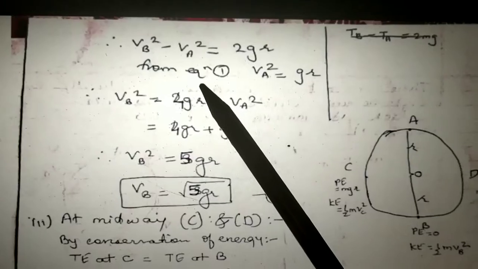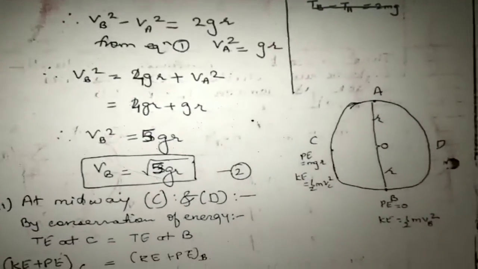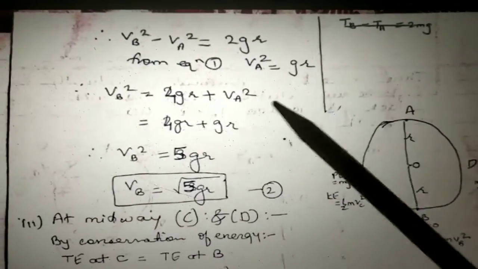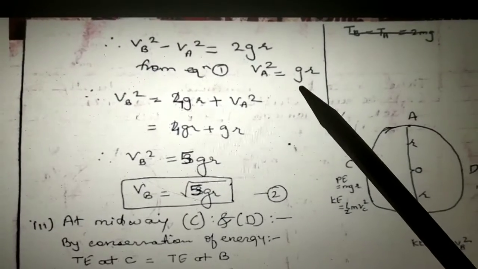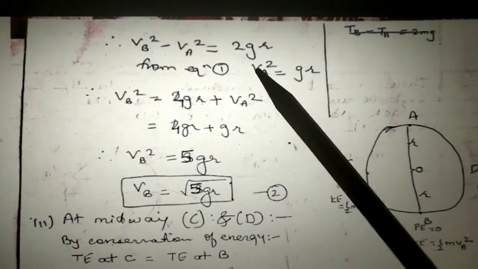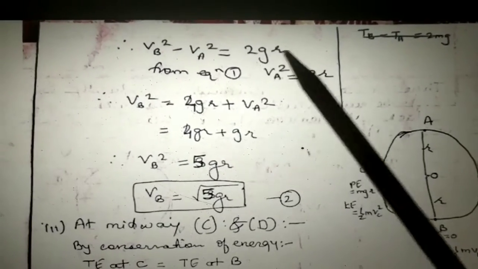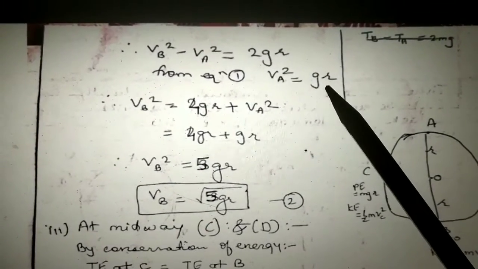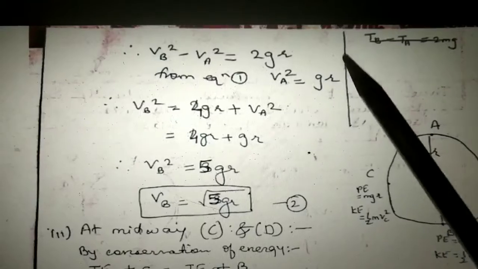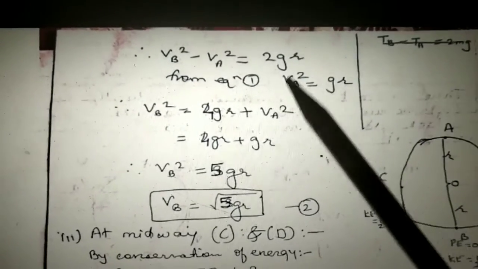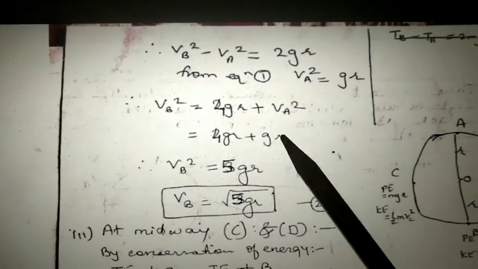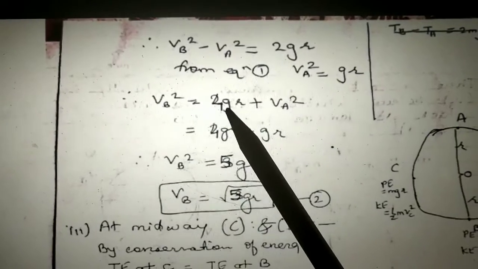Now from equation 1, which gives the speed at the highest point, the formula is va square equals rg. So substitute this value over here. This equation we have taken from the velocity at the highest position. So va square will be rg, and this is 4 rg.